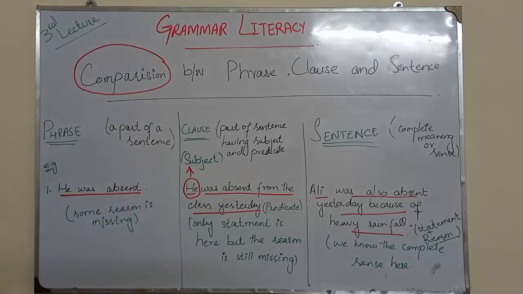In the sentence, it is written: Ali was absent from the class yesterday because of heavy rainfall. Now we understood who was absent, that was Ali, about whom the teacher was asking.